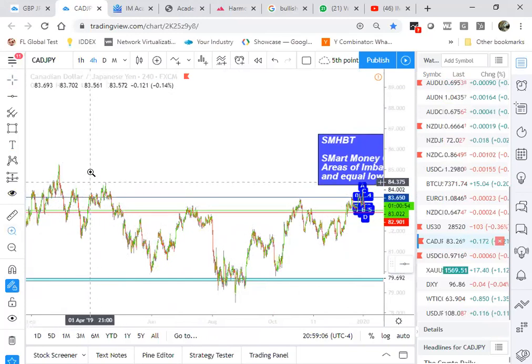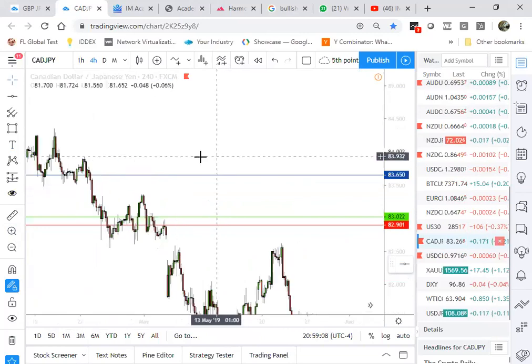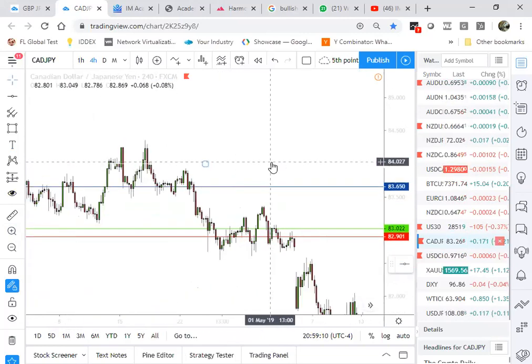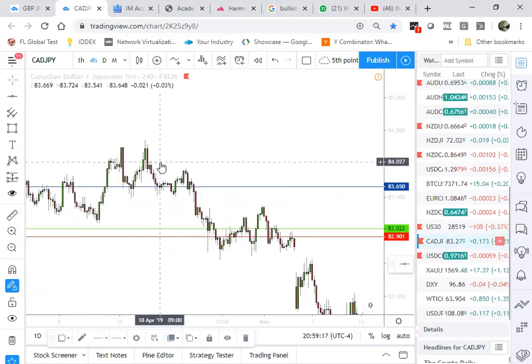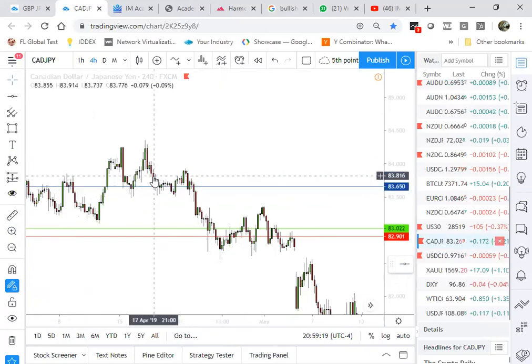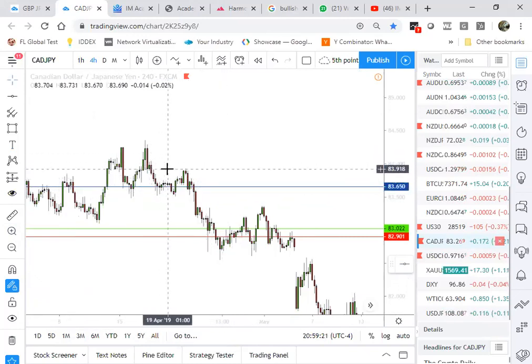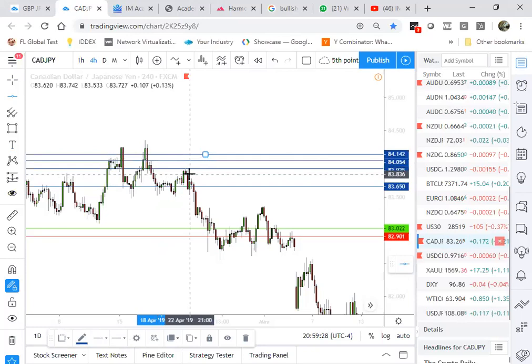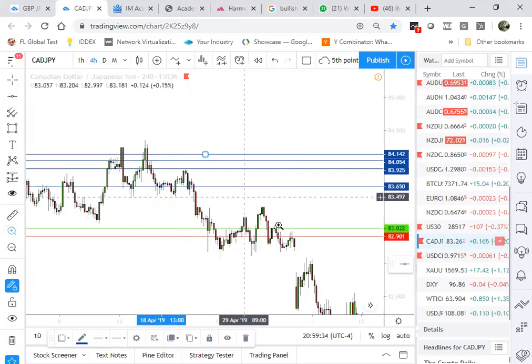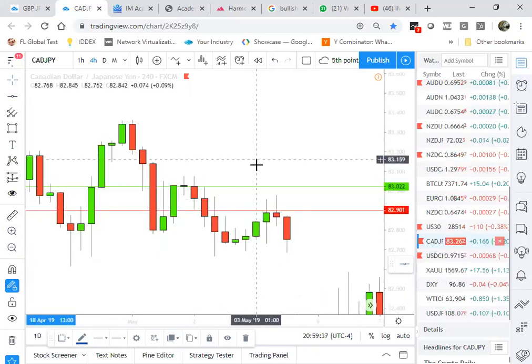This is a 4-hour time frame. So what I could look for is clear areas of imbalance, as we call it, above and below the current area of interest. There was balance taking place here because the price came here and it balanced. But here, if we look at this candle, we see some imbalance.